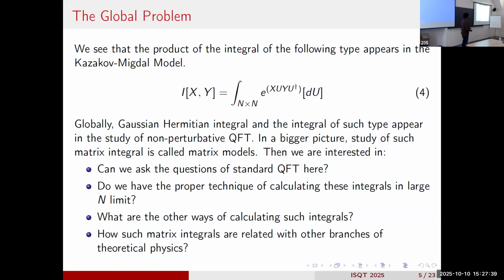Also, people say that this particular integral is somehow connected with two other popular unitary integrals, the Kazakov-Migdal model and, I just forgot, the double model or something like that. They have a different structure, and there was a paper by Mironov and Semenov.